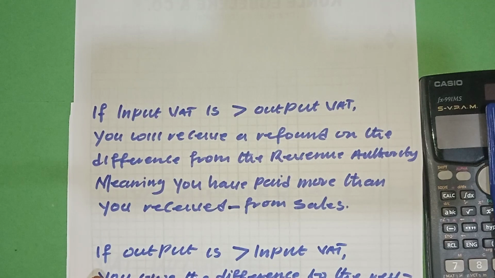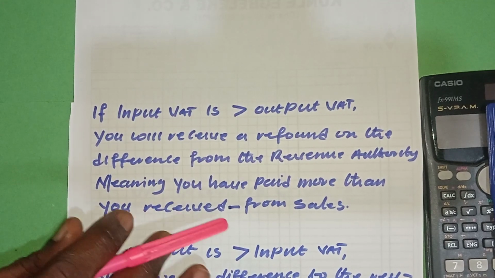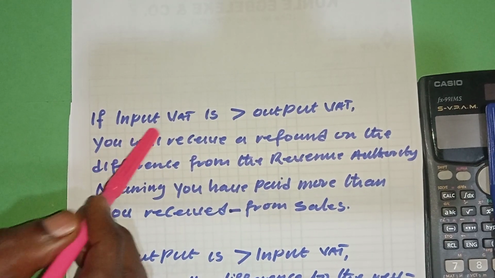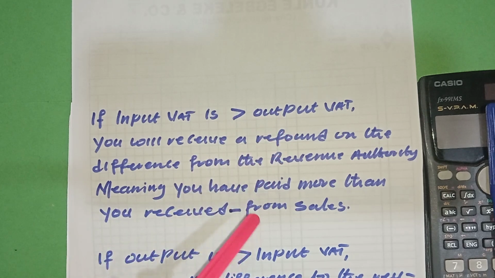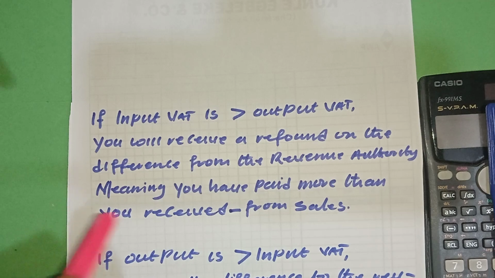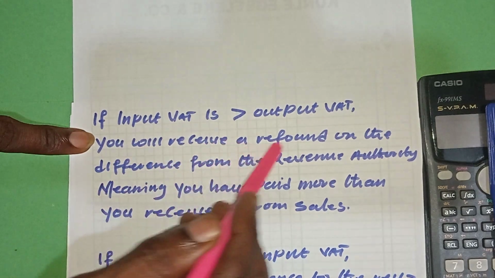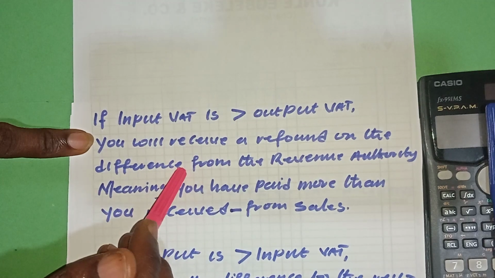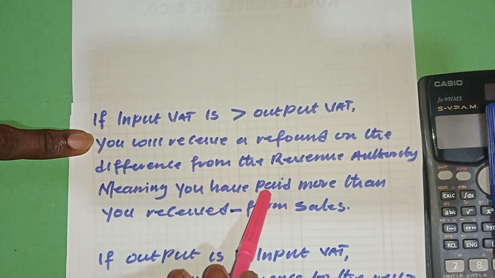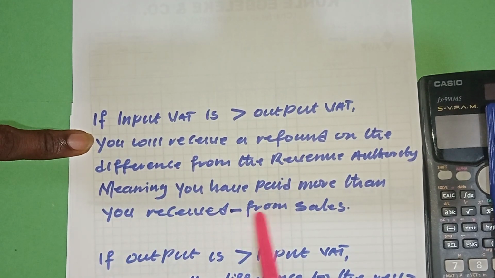Now, if input VAT is greater than output VAT, what will happen? If input VAT is greater than output VAT, you will receive a refund on the difference from the revenue authority, meaning you have paid more than you received from sales.